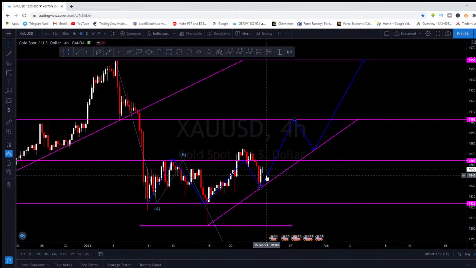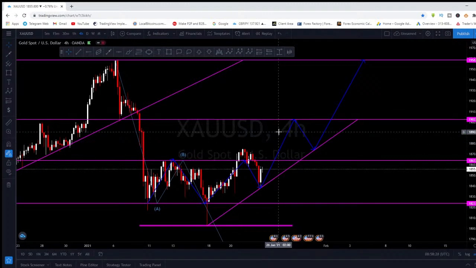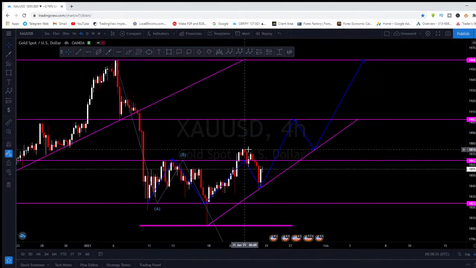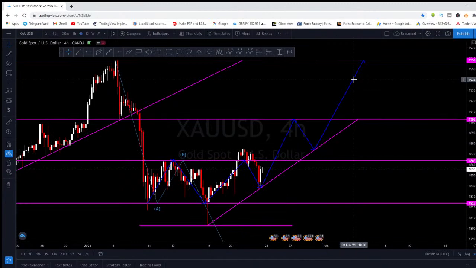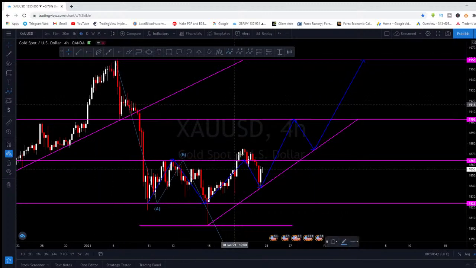So what I'm waiting for now on this particular pair, XAUUSD, is for it to go up again and close above this previous high. That will give us another higher high move, and you just wait for it to come down and retest this zone again in order to continue to the upside, and that will complete another Elliott wave, which is 1 to 5.